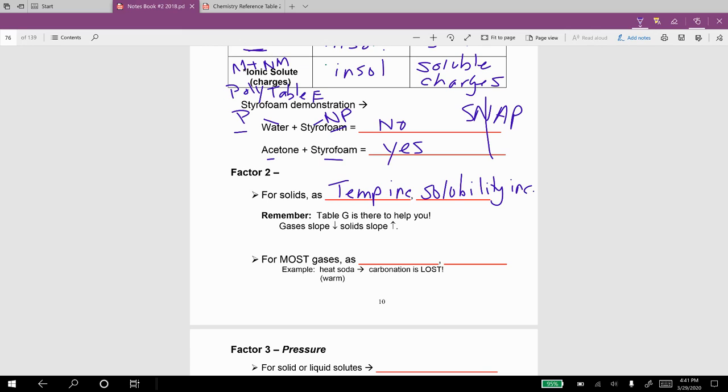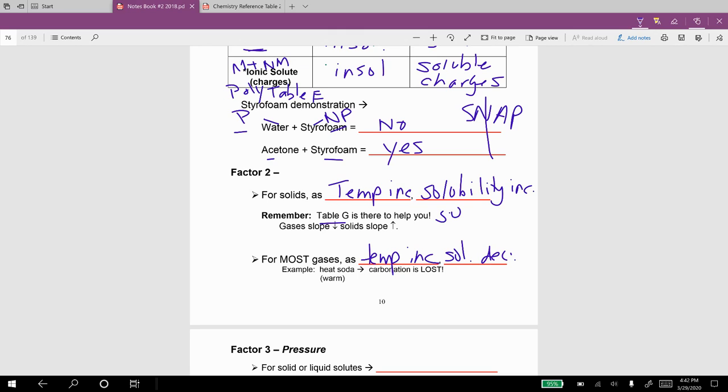Okay, so there's table G that's going to tell you the slope. But for most gases, as the temperature increases, the solubility, which I'm going to just do SOL, decreases, right? Carbonation is lost.